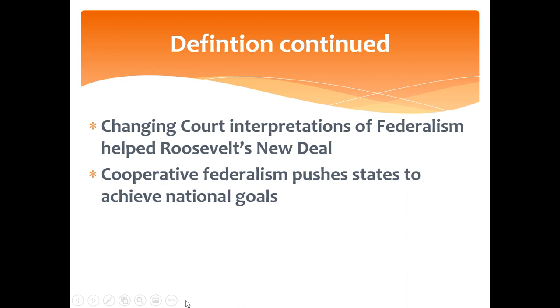This moves the United States from dual federalism to a system of cooperative federalism, of marble cake federalism, in which grants and aid, in which money have been strategically used to encourage state and local governments to pursue national goals, to pursue national wants.